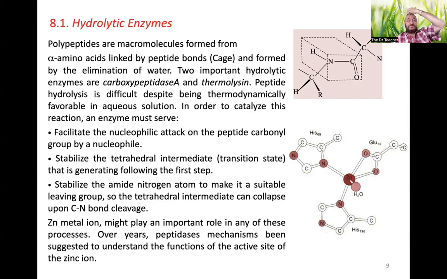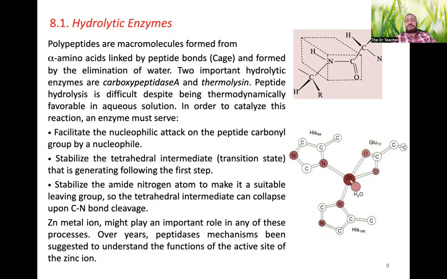So the enzyme must facilitate the nucleophilic attack on the peptide carbonyl group by a nucleophile. Second is stabilize the tetrahedral intermediate transition state that is generated following the first step.